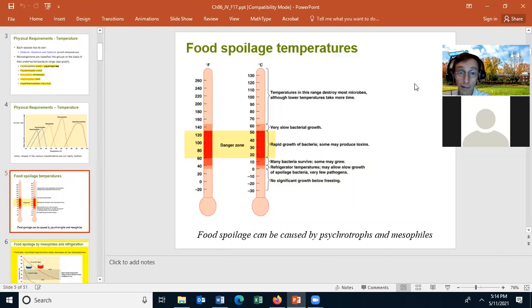Food spoilage can occur when food is left between something like 15 degrees, maybe 17 degrees, to 51 degrees Celsius. And that is when bacteria can rapidly grow.